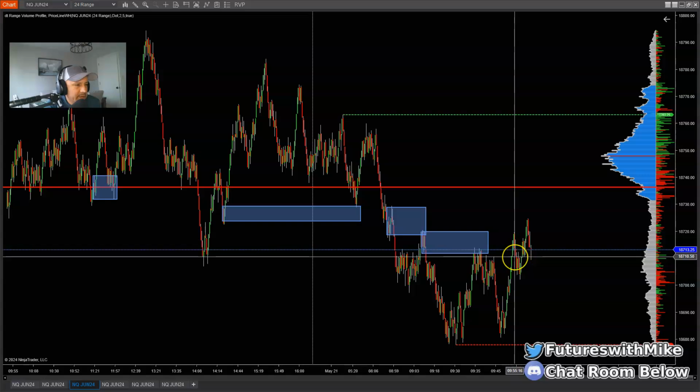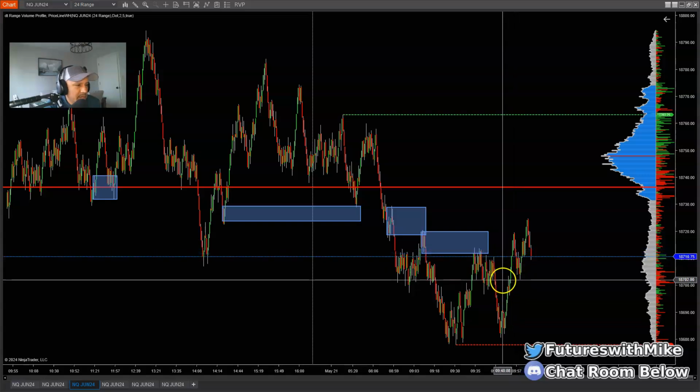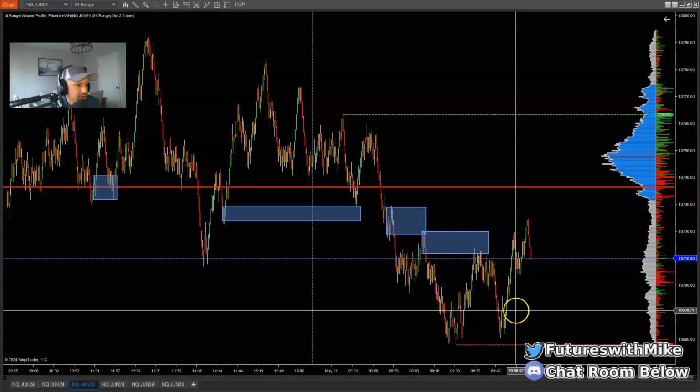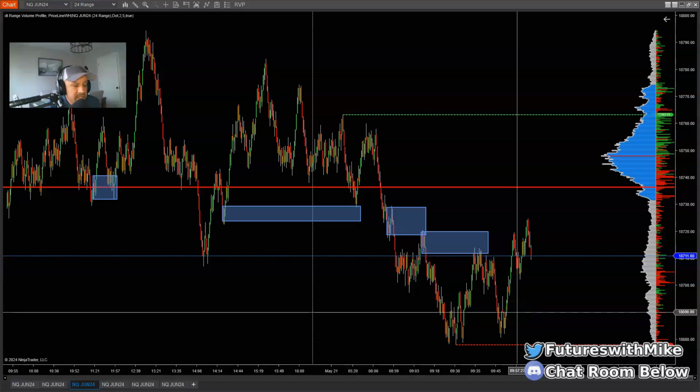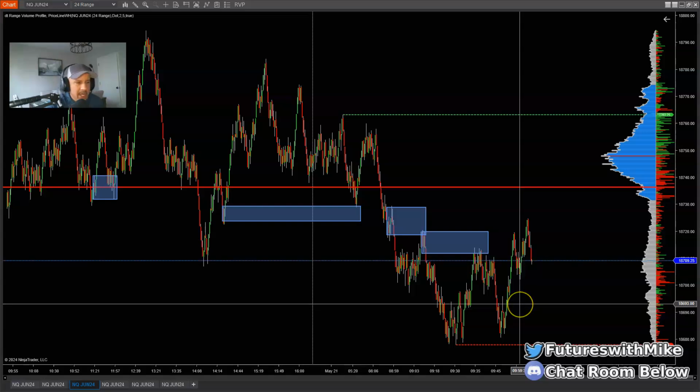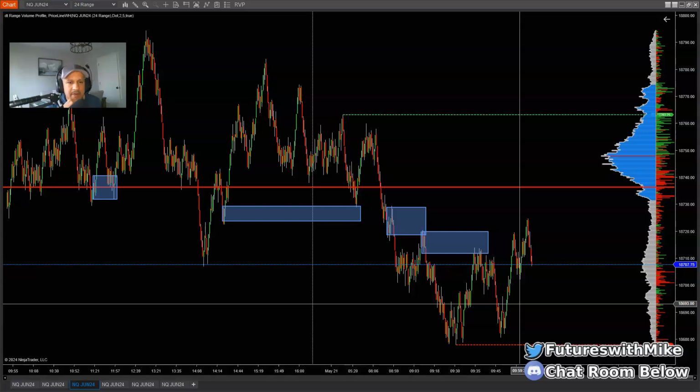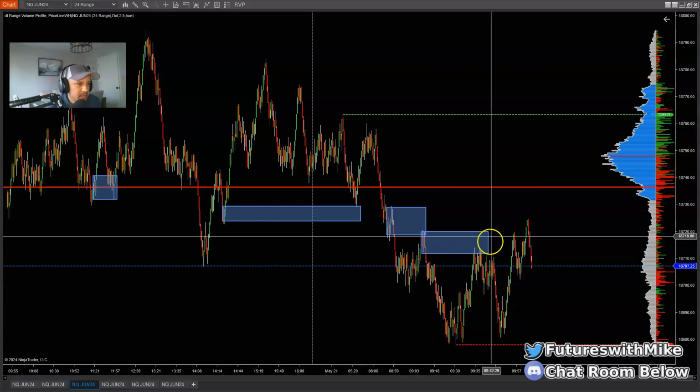Is it going to reject this area, or is it going to come down and test some lower areas, maybe down around 690, possibly? Like I said, this would possibly put us in direction with the higher time frame as we break structure back to the upside.